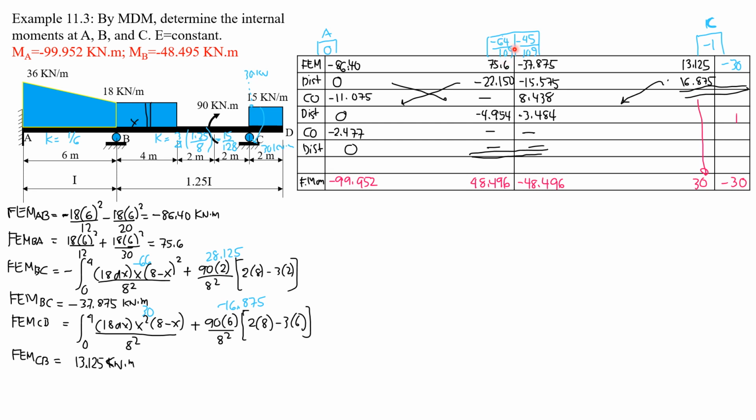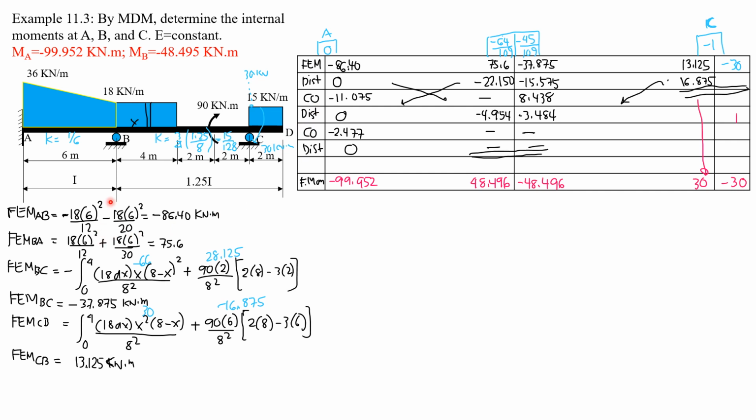Since the sum of the distribution factors should be 1, 109 minus 64 is 45, but make it negative also. So the distribution factor for BC is negative 45 over 109. Finally, since we imagine that this is the last and we have roller support, we just apply the couple load. So that's why we have negative 1 for distribution factor at joint C.